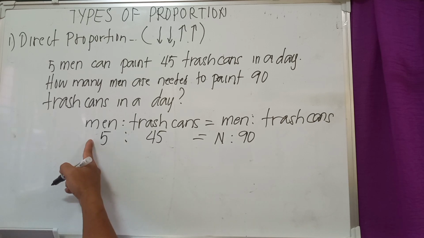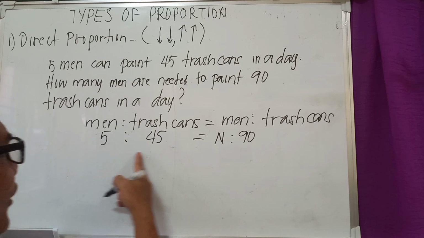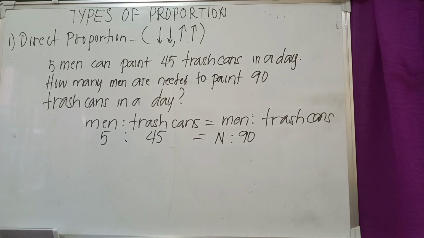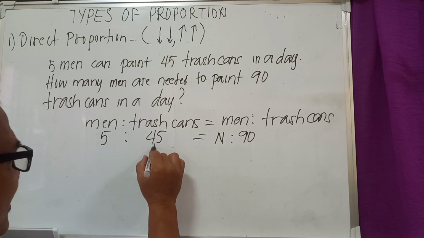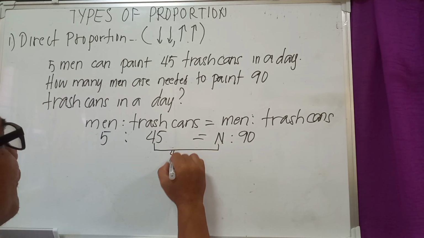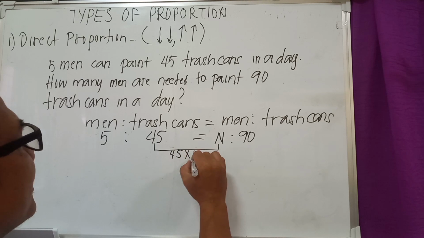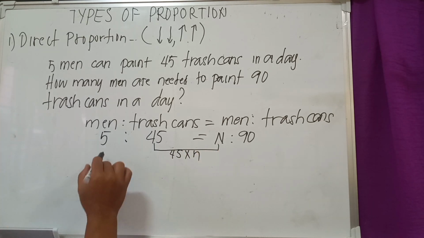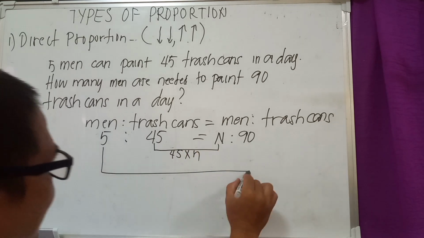Dahil meron tayong ginamit na column form, siyempre involved yan ang means at saka extremes. So, let us multiply the means. That is 45 times n. Multiply also the extremes.